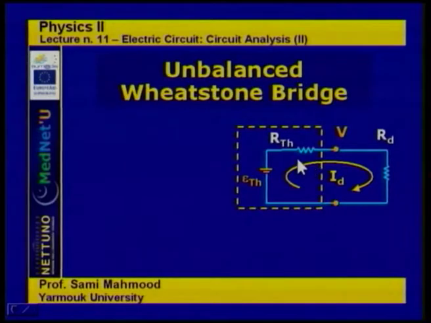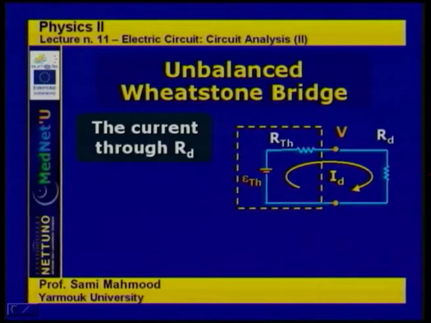We don't care what is inside the box. This box replaces the complicated looking circuit that we had. We connect now this from the free ends, C and D, if we recall. We connected with RD, and we calculate the loop current. The loop current is the current actually flowing through RD.